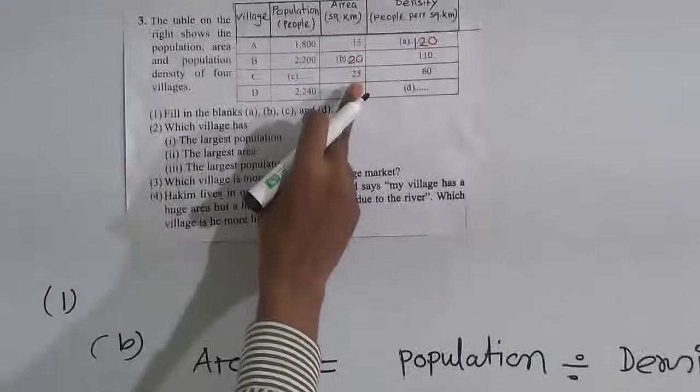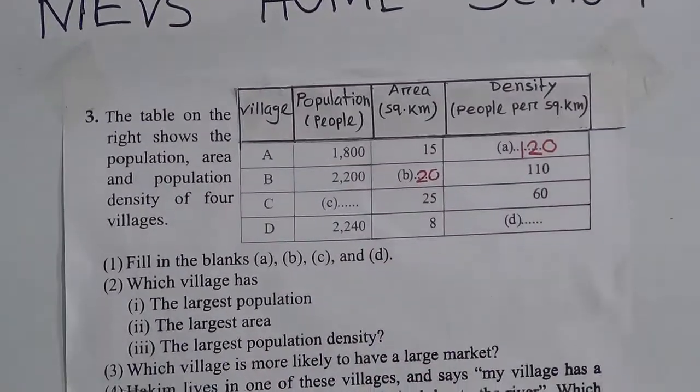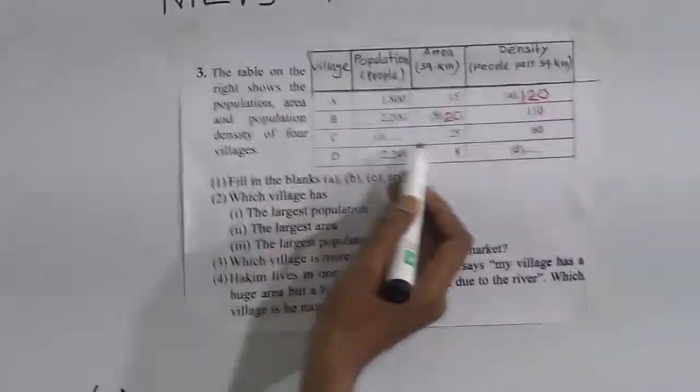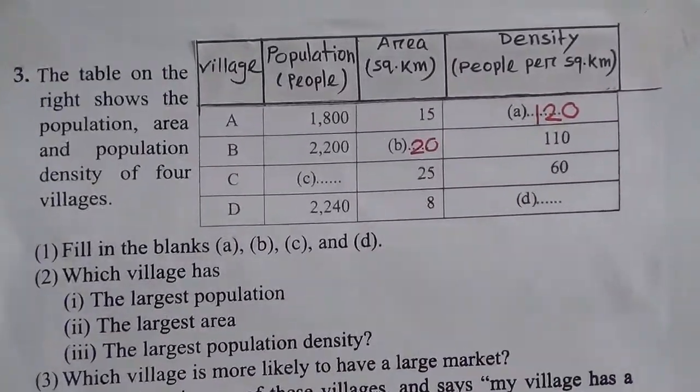For village C the area is 25 right here, and the density is 60 right here.